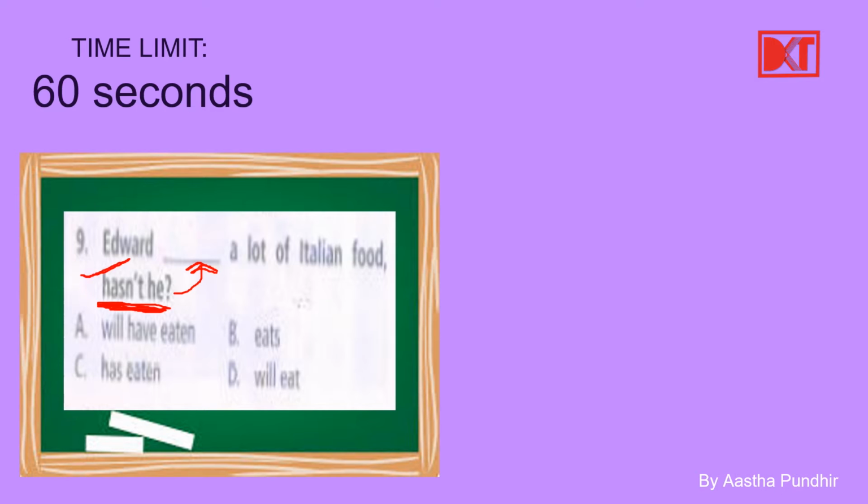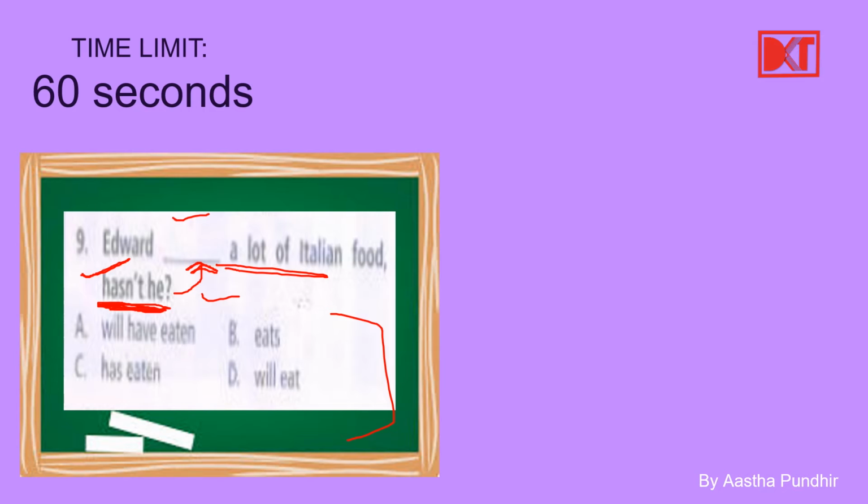For the question tag and the statement, we know three things. First, with a positive statement we use a negative question tag. So here the statement is positive and all the options are also positive. Second, the subject is the same in the statement and in the question tag, and also the verb is the same.